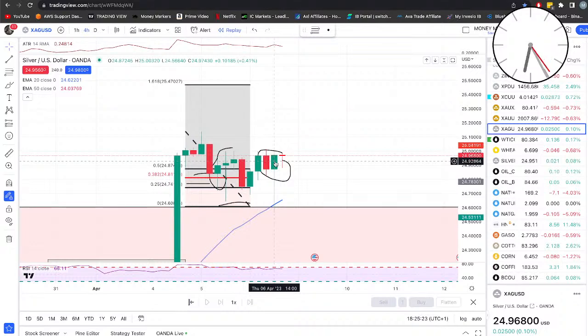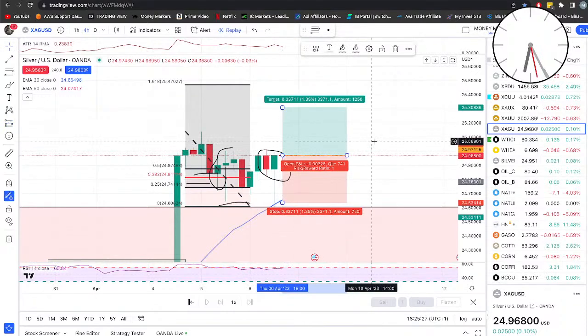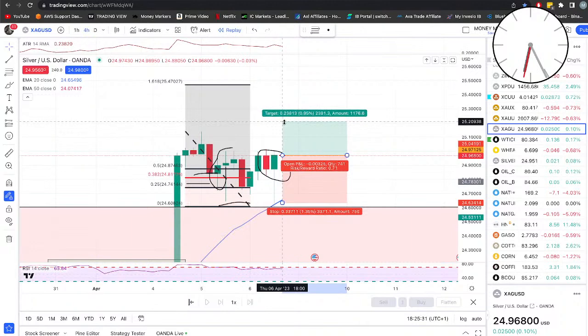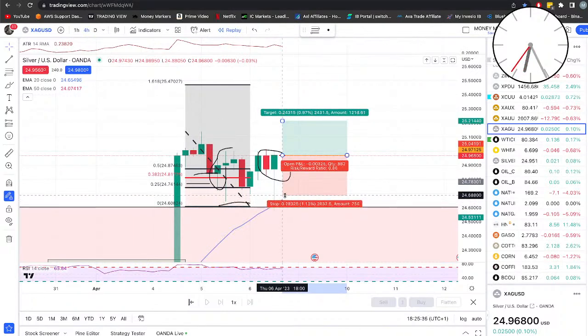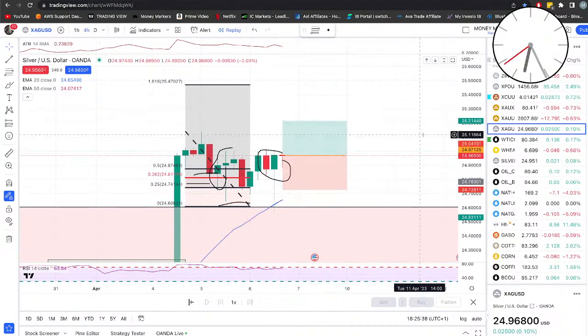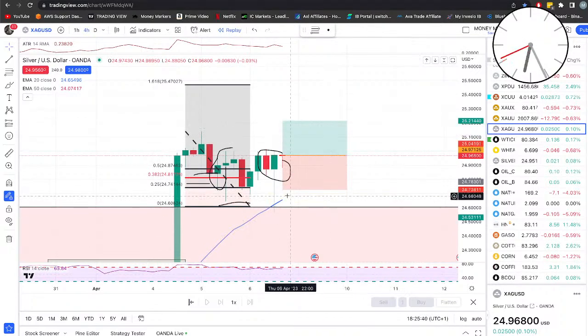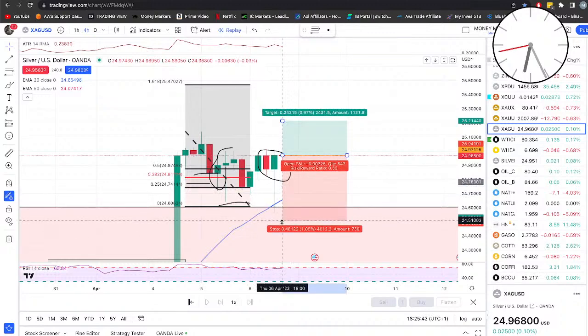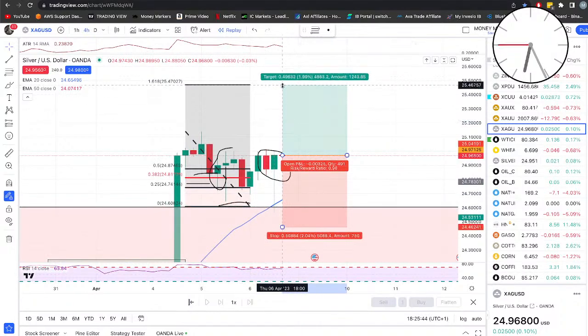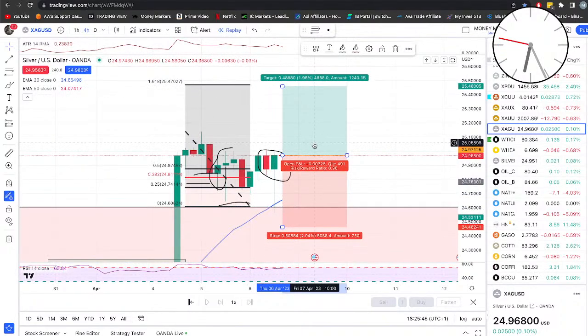The way you can set your targets, set your 24 points here, something like this, and like this. So 24 points looks like that, but just for protection I sometimes keep my stop loss below the wick and keep it 1-to-1 first and then manage my trades.